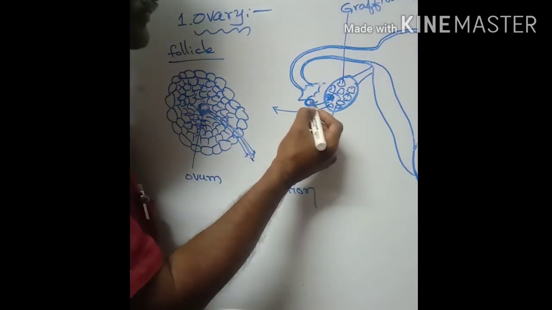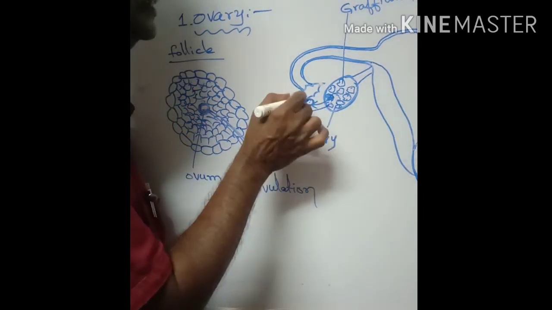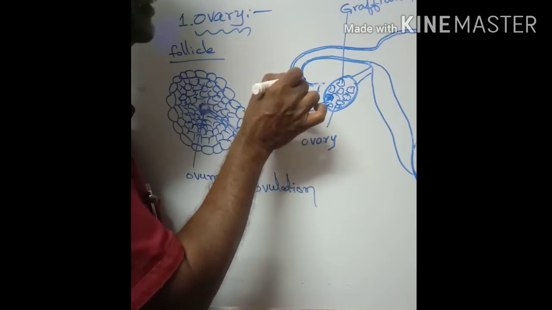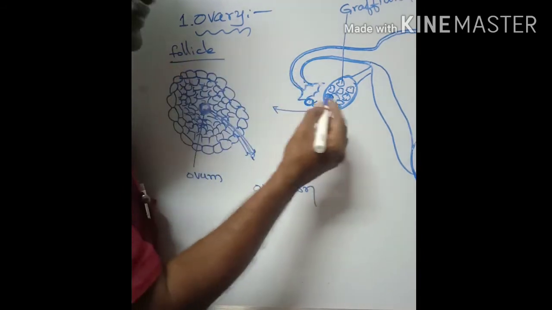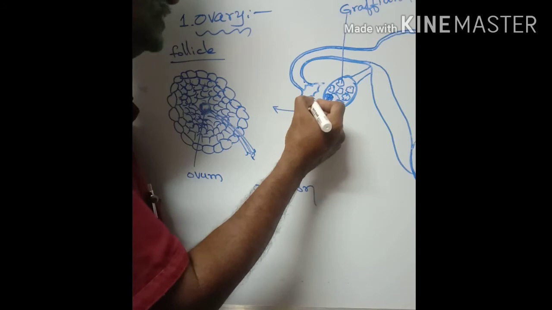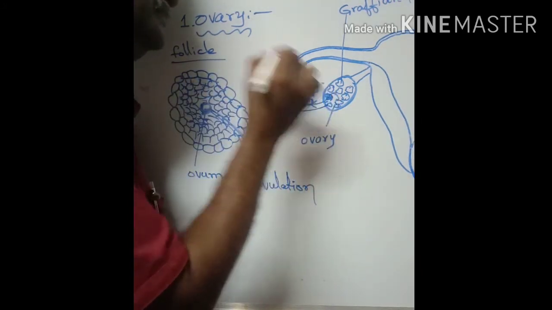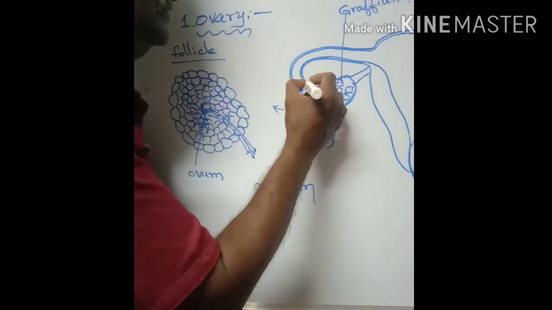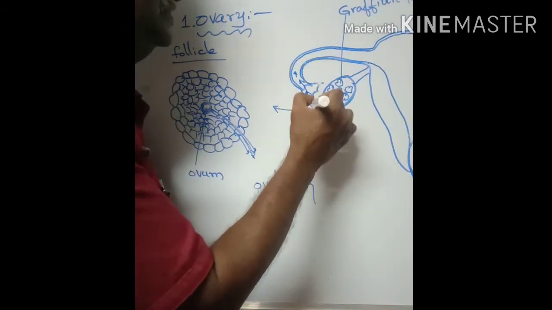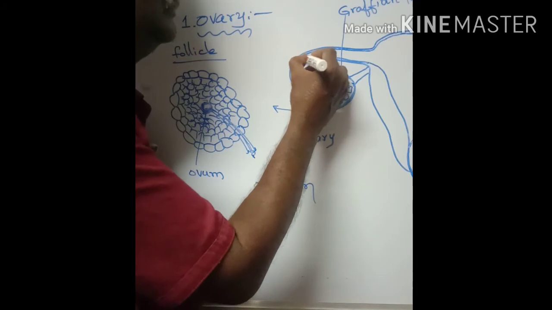After releasing, this ovum is attracted by the fallopian tubes, so it moves towards the fallopian tubes. Later, it enters into the fallopian tube.